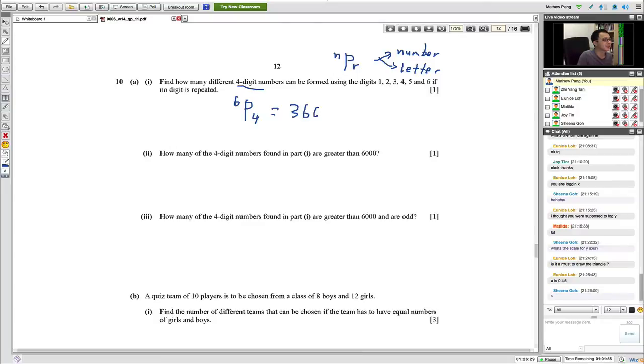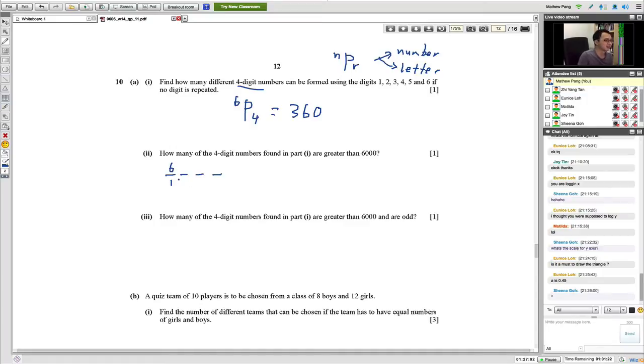Find how many 4-digit numbers found in part 1 are greater than 6,000. Greater than 6,000 means the first digit can only be 6, because putting 1, 2, 3, 4, 5 in the first digit makes it less than 6,000. It's fixed as 4 digits already. So only one way for the first place.